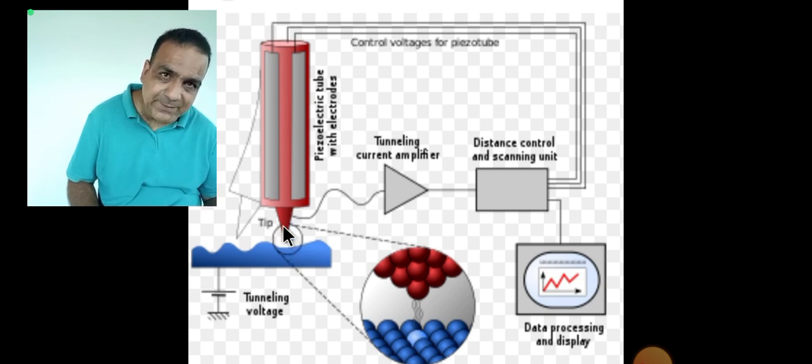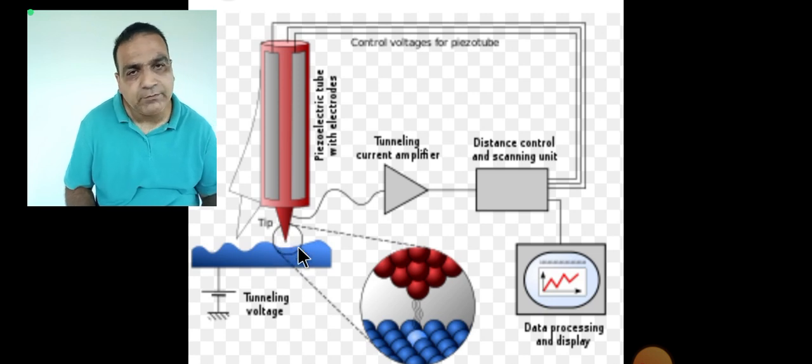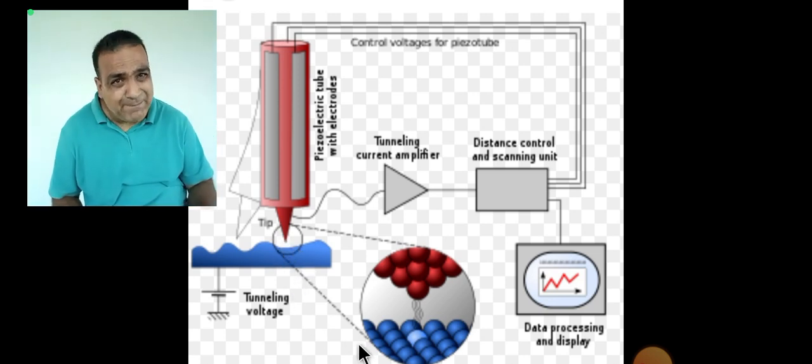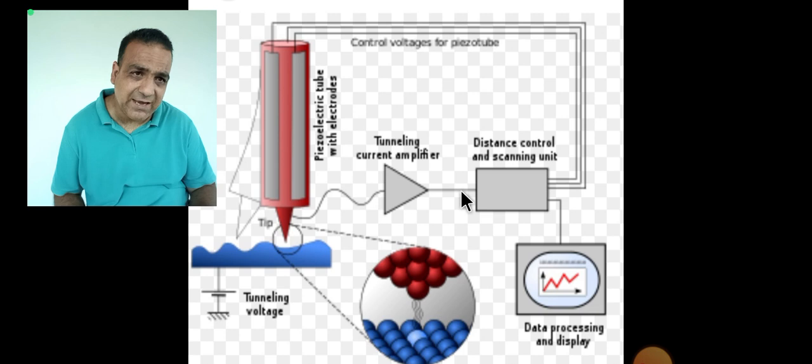So by maintaining a constant tunneling current between the tip and the sample, the feedback system adjusts the tip height to keep it at a constant distance from the sample surface. This feedback mechanism allows for precise control of the tip sample distance, enabling imaging at the atomic scale.